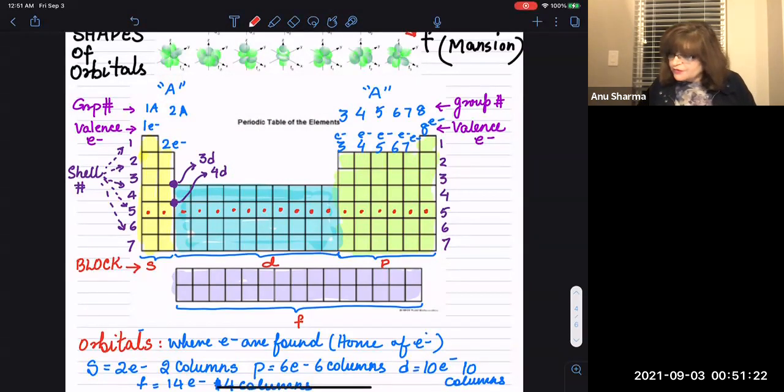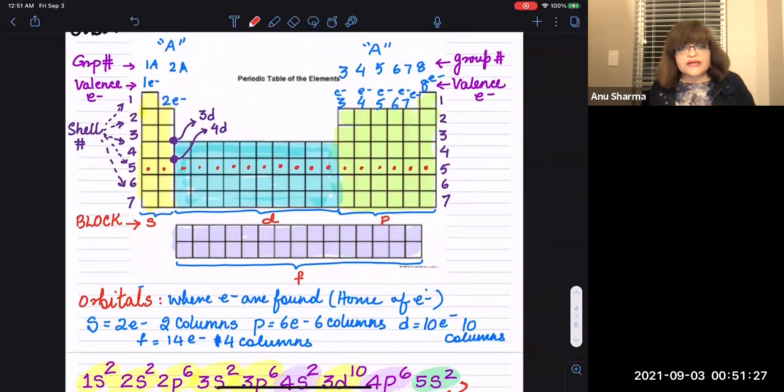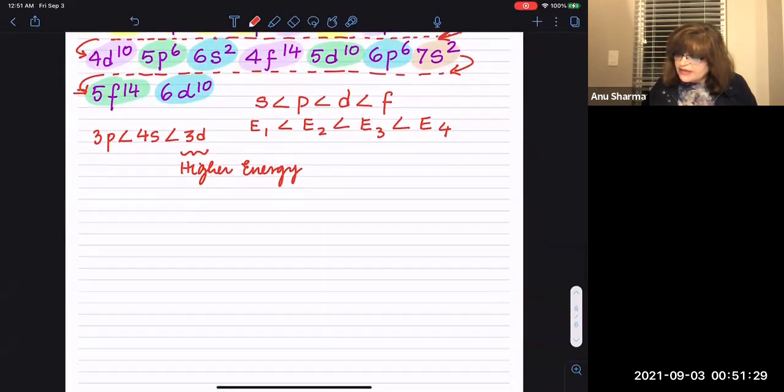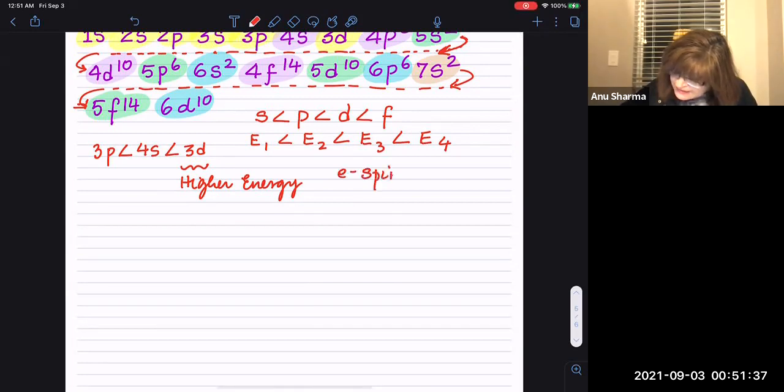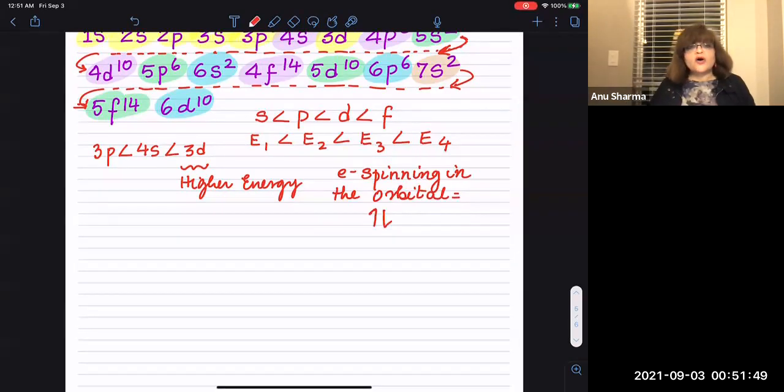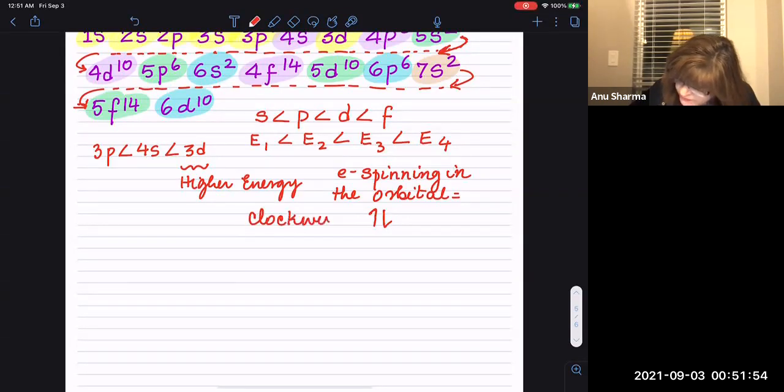And then similarly for the F. See how intelligently the whole periodic table now makes sense. Now let's start doing the electronic configuration. Just make sure of one thing: the electrons are spinning on their axis in the orbitals, spinning like this and like that, in opposite directions, clockwise and anti-clockwise.